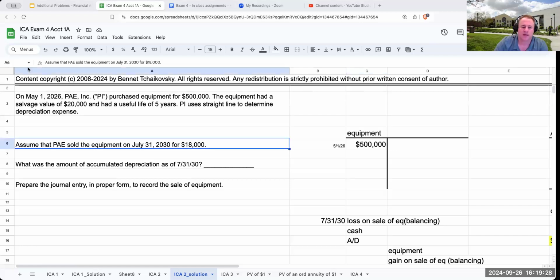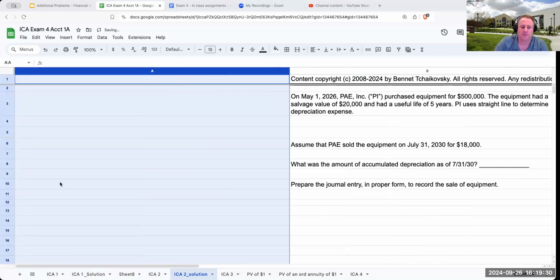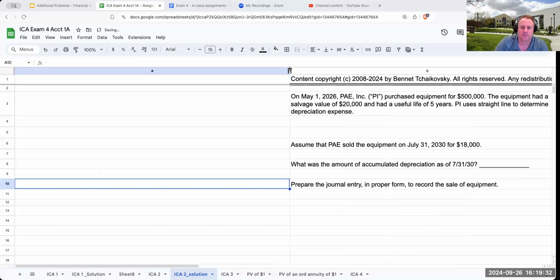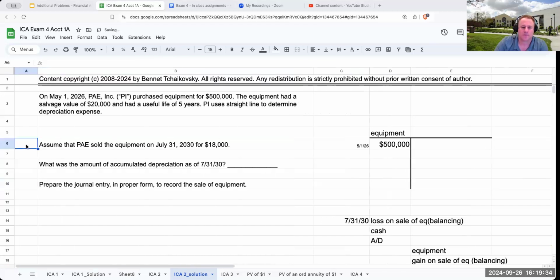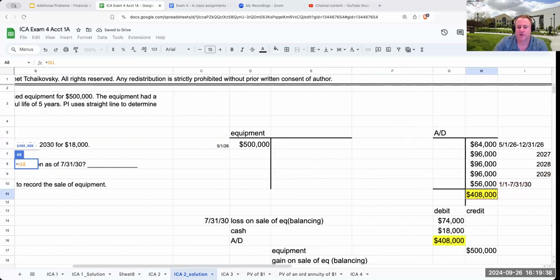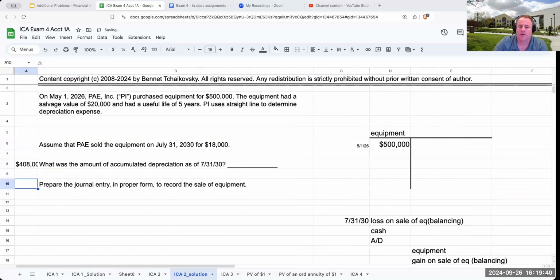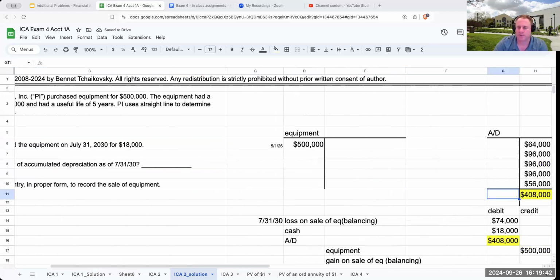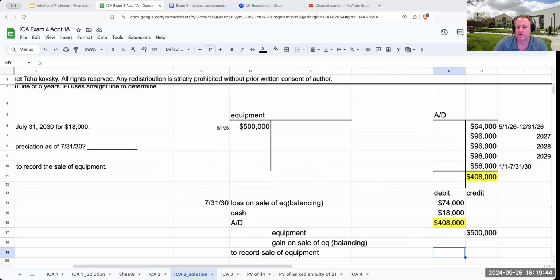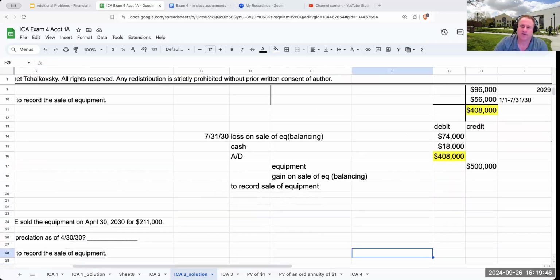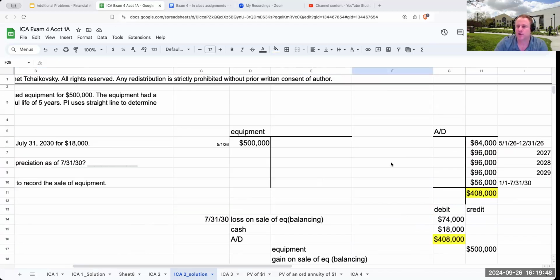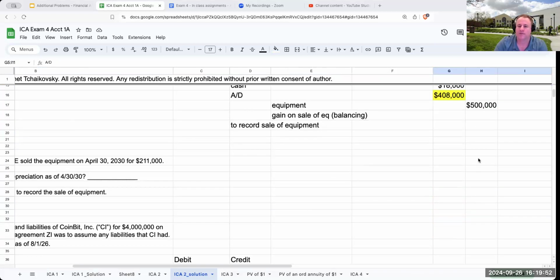Assume that PE sold the equipment. What was the amount of the accumulated depreciation as of 7/31/30? It was 408. Prepare the journal entry in proper form. That is what this entry is right over here. So now let's go through and take a look at this. This question is slightly different.